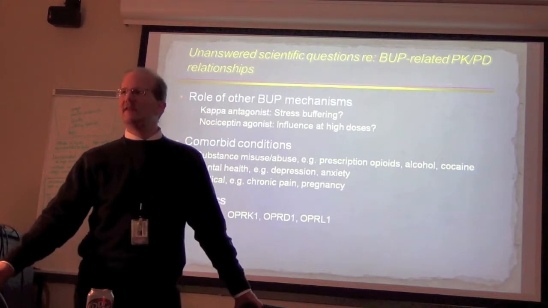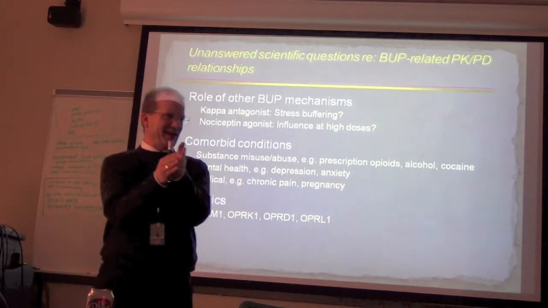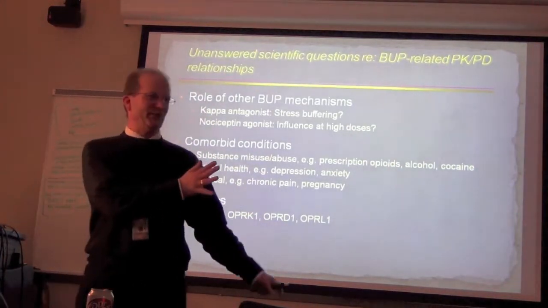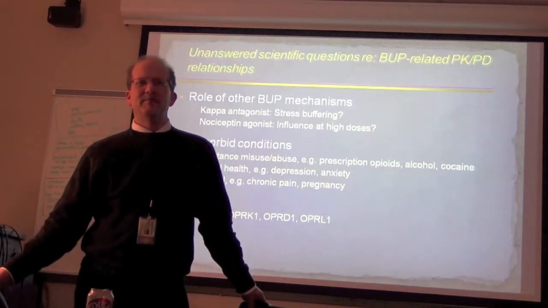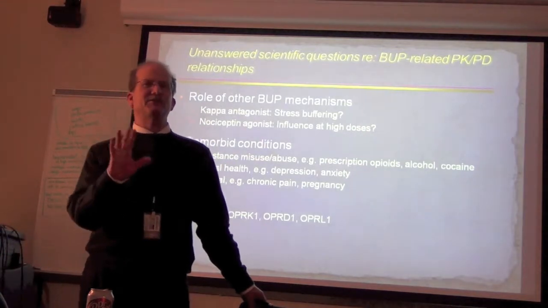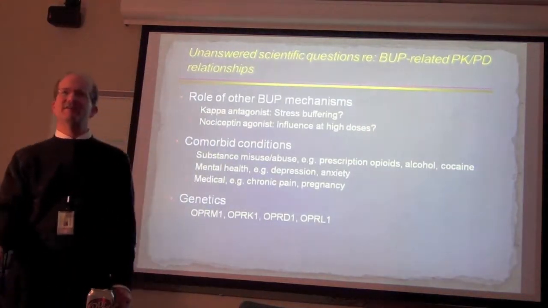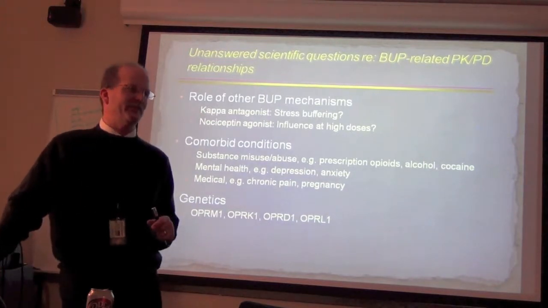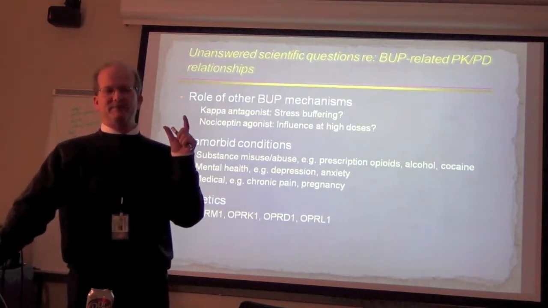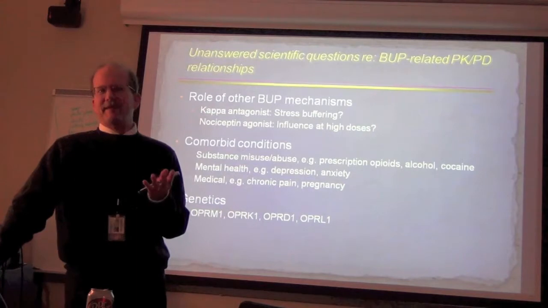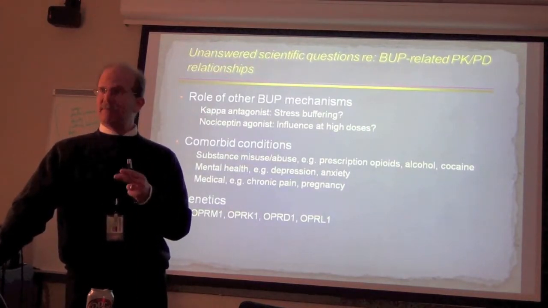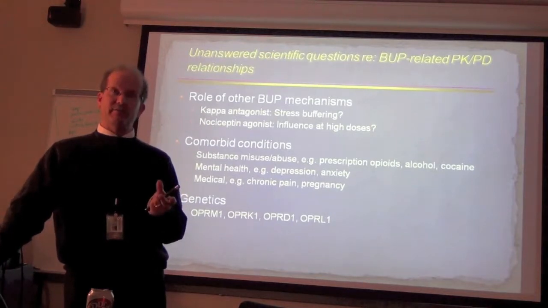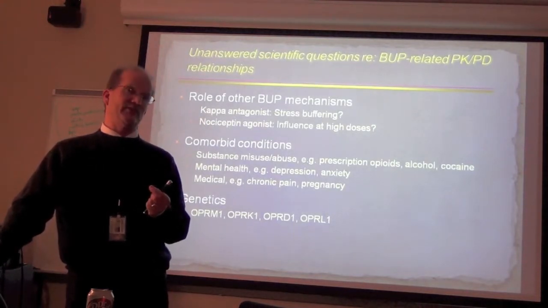But buprenorphine, if you were to isolate its kappa antagonist properties, independent of its mu agonist or delta antagonist properties, and some people have tried to do that by co-administering naltrexone, it's sort of a poor man's version of it due to differences in affinity of the drugs for those different targets. There may be something there, but it's really not clear. But the kappa system is very much on the minds of medication development scientists these days in substance use disorders.